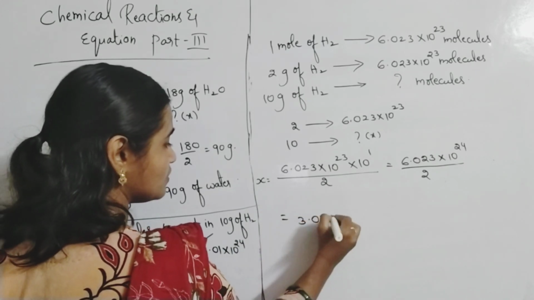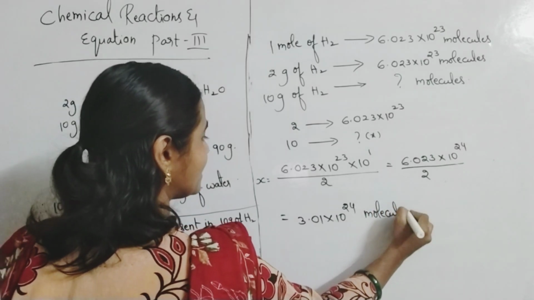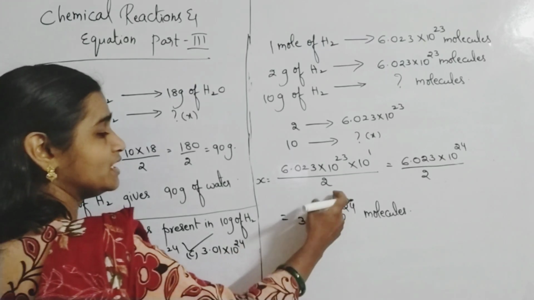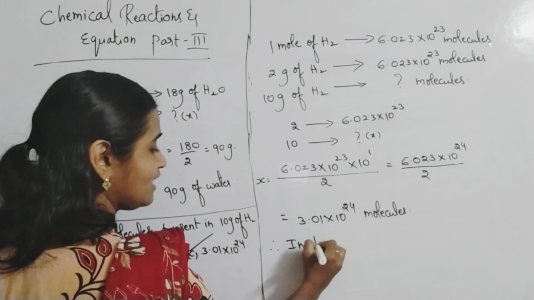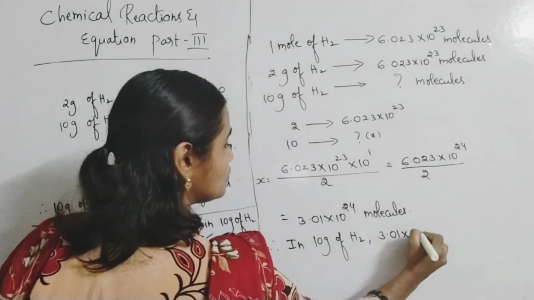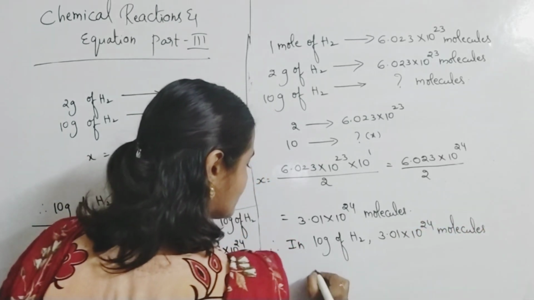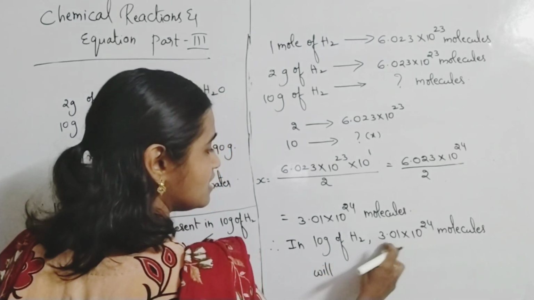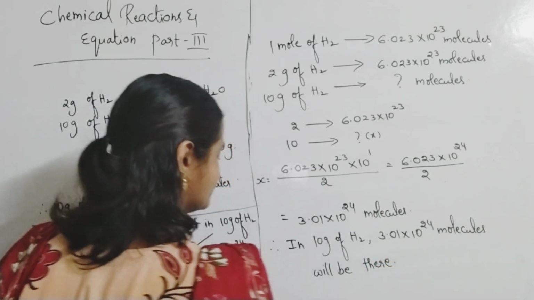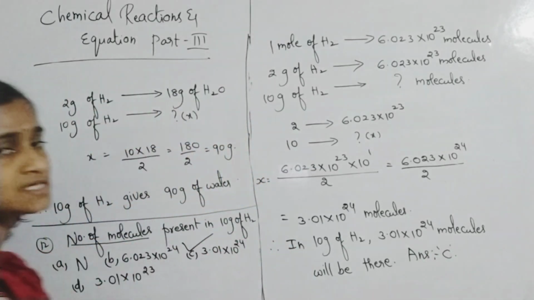Therefore in 10 grams of hydrogen, 3.01 into 10 to the power of 24 molecules will be there. Hence the answer is option C.